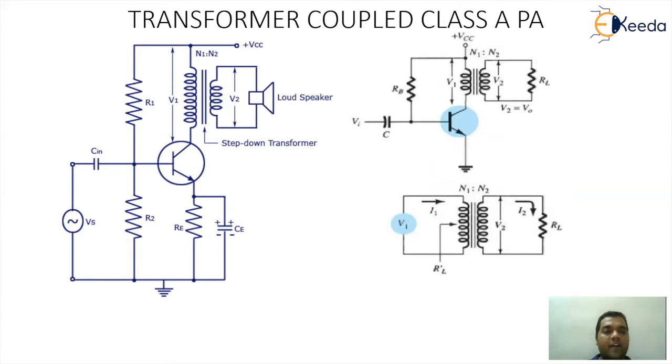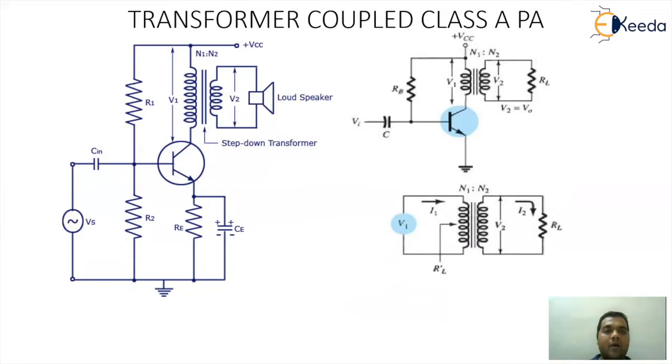So if you observe carefully, the biasing circuitry used here is a potential divider bias. Across the RE, we have the bypass capacitor C. The input is connected to the base of the transistor with the help of a coupling capacitor. So what is actually happening here? The input that will be given to the transistor for amplification, the transistor will amplify the energy and give it to the collector.